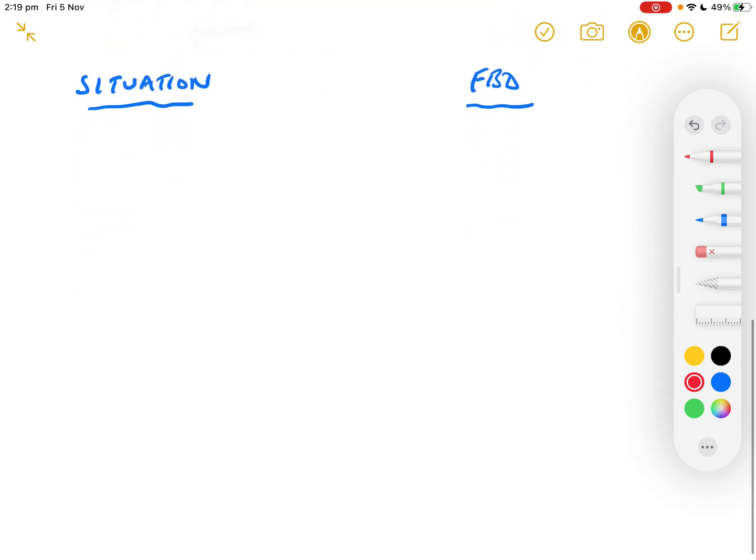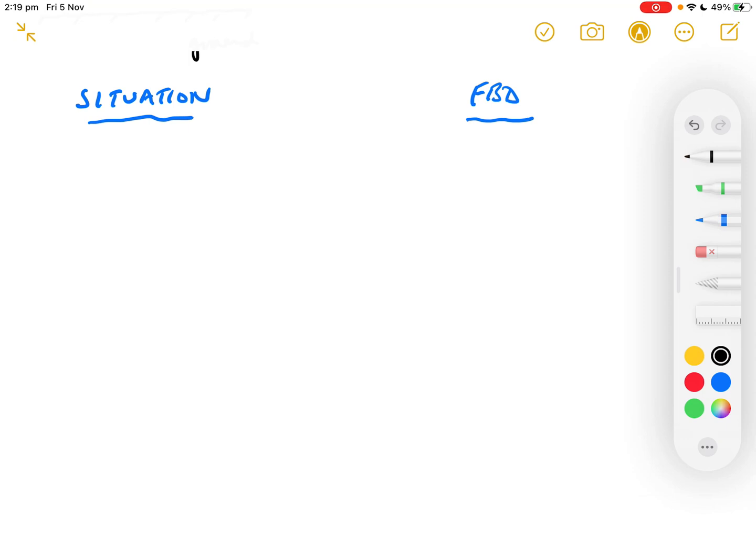So let's look at that now in the context of what's called Newton's Cannon.